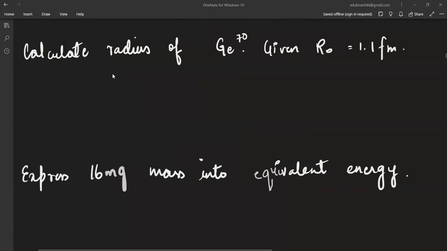See, this says calculate the radius of germanium. Okay, see, here it's mentioned 1.1 fermimeter. So you will take R naught as 1.1. If it's not mentioned, take it as 1.2 fermimeters. Now R is equal to R naught A to the power 1 by 3.